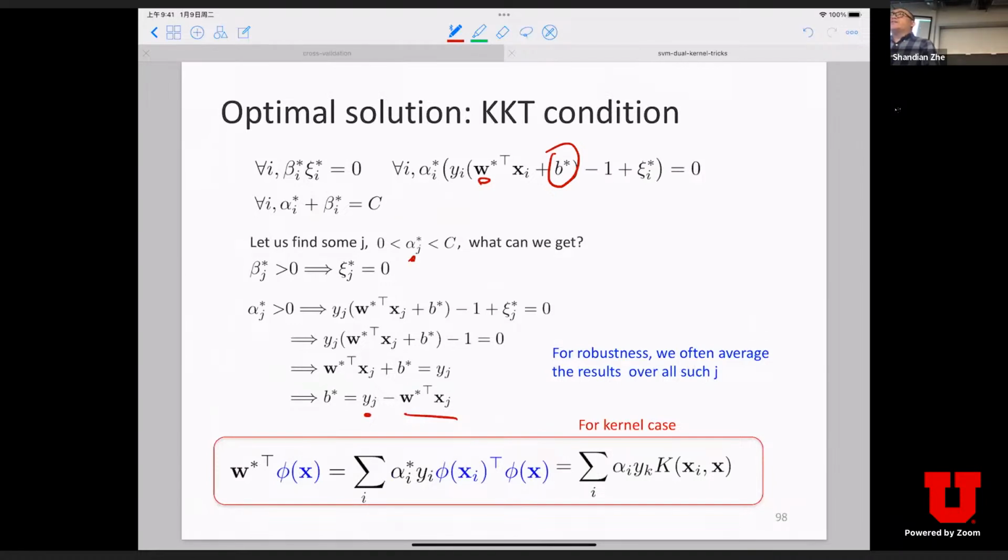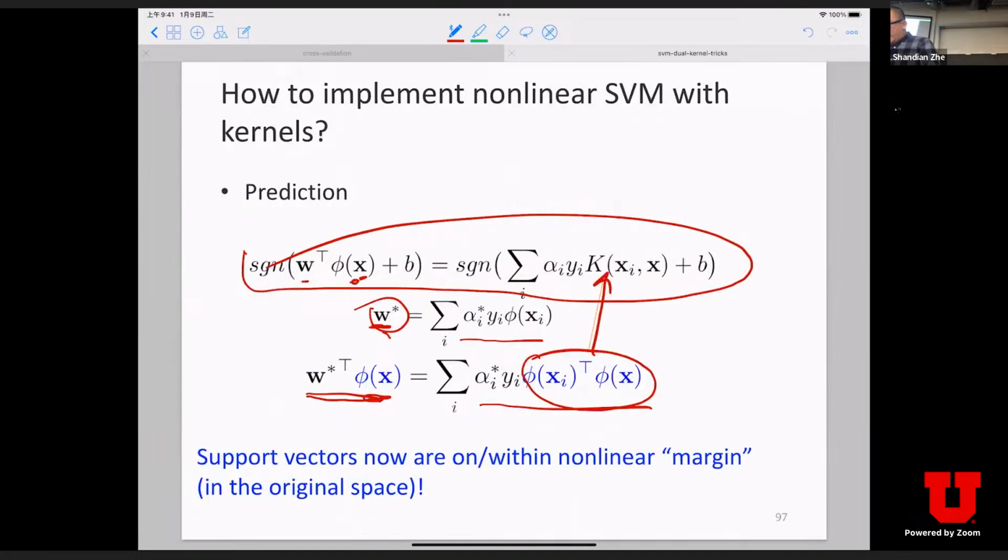And here, by injecting the kernel trick, we again do not need to compute this dot product between W star and phi of x, because we already know that this can be computed by the kernel trick.